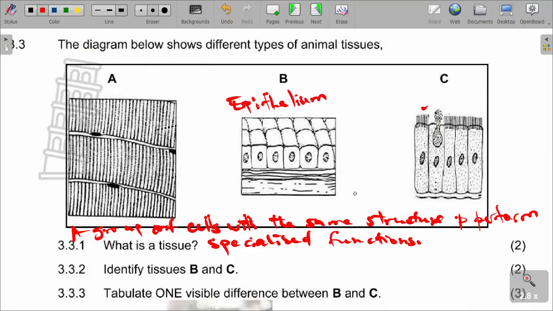The ciliated one has finger-like projections, which is why it is called ciliated columnar epithelium.